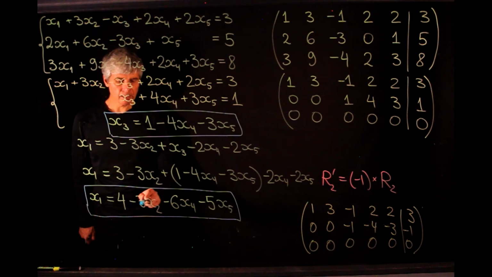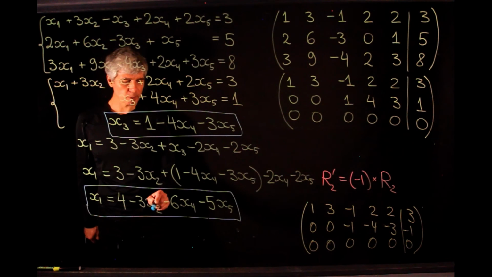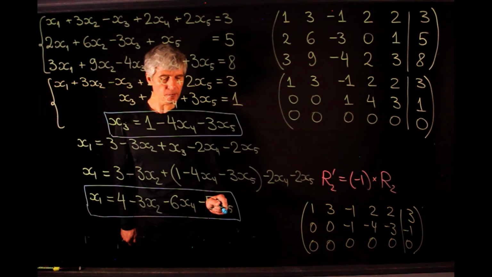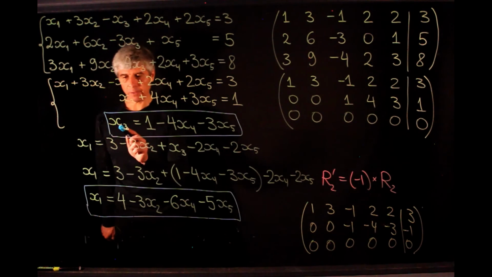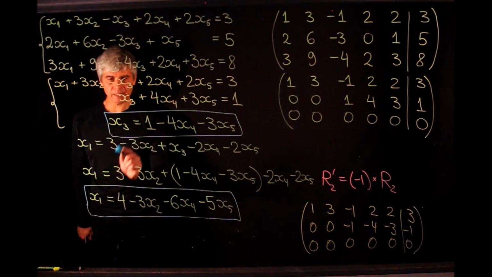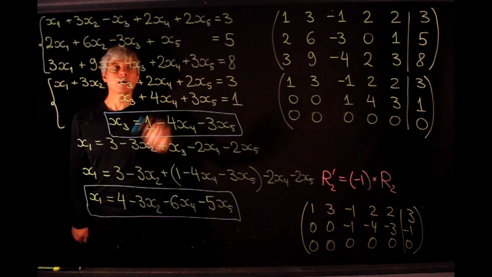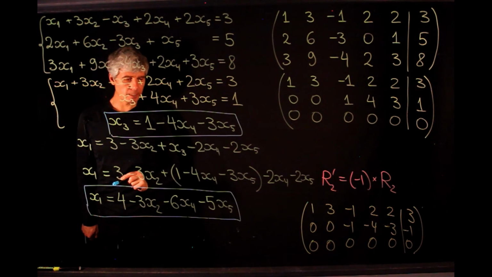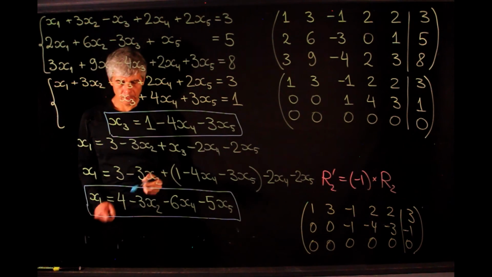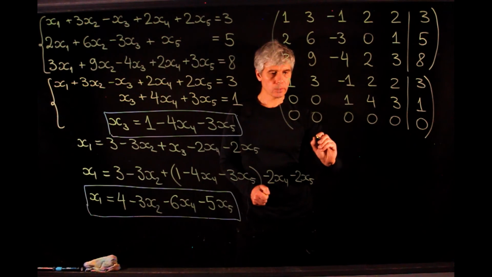By assigning arbitrary values to variables x2, x4, and x5, we will recover the values of x1 and x3 that will satisfy the original system of linear equations. So we can record the following description of solutions.